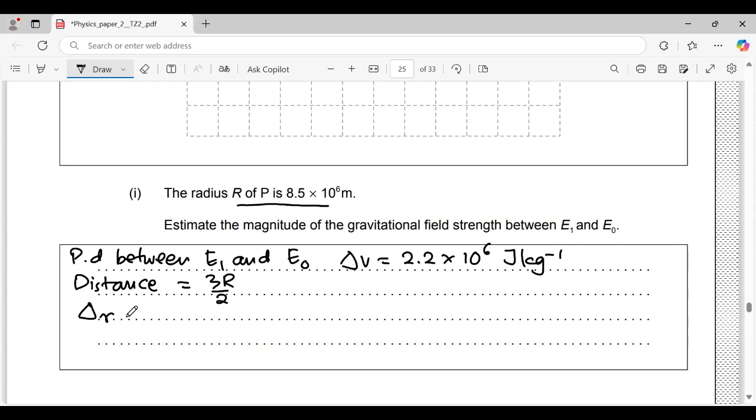Delta r is the distance between E1 and E0.